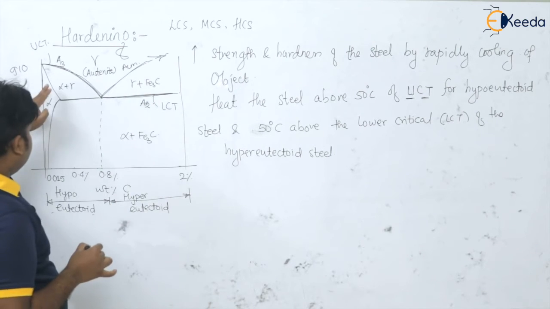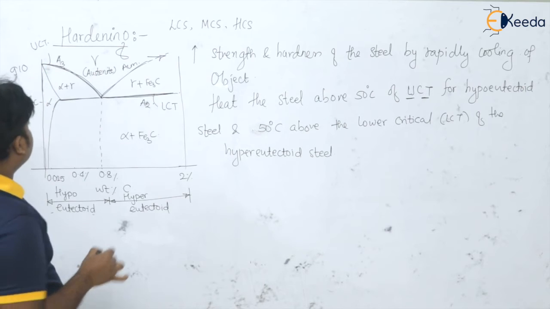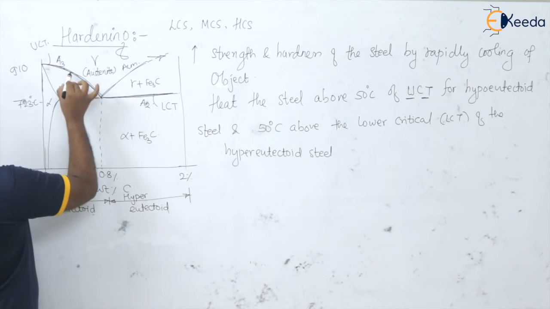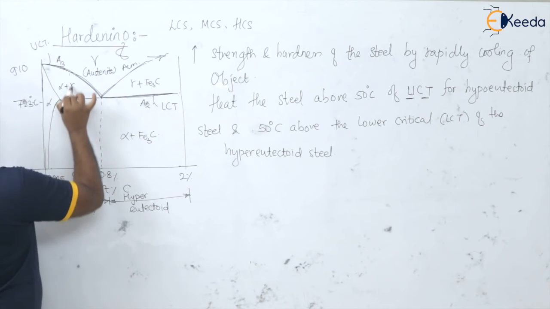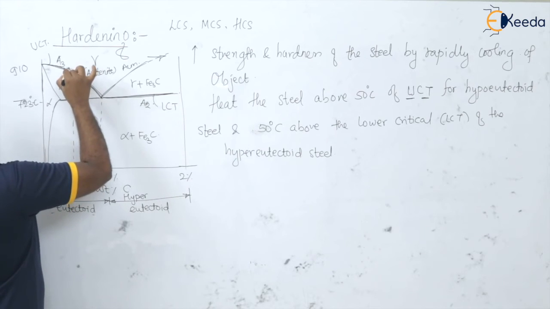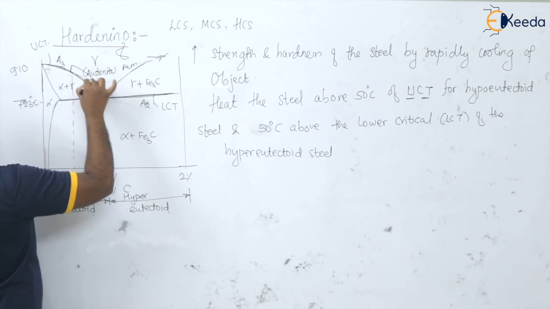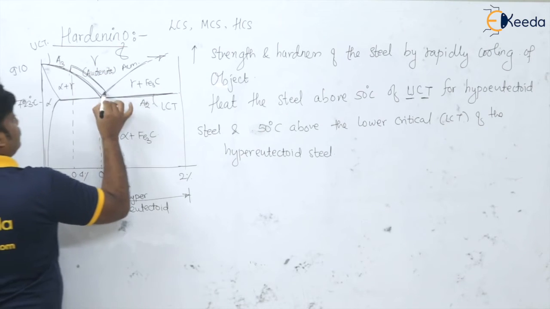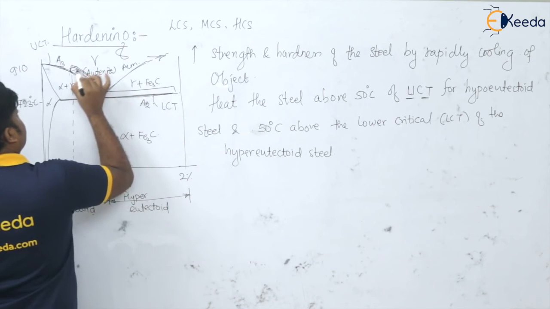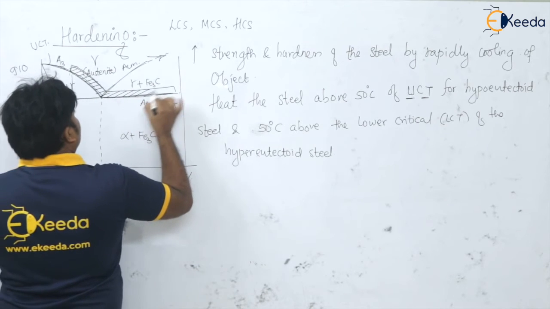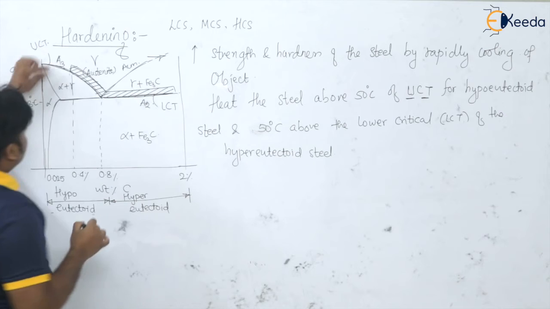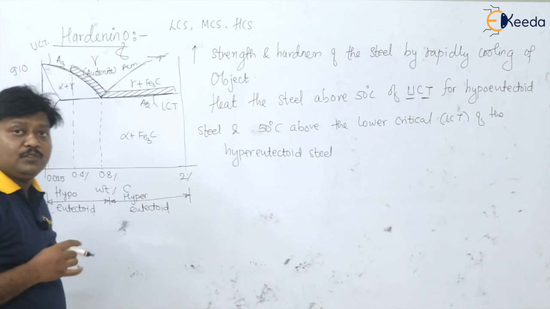See here, this is the hardening temperature range. If I take the low carbon steel, say from 0.4%, it will look like this. This is the temperature range for the hardening process, isn't it?